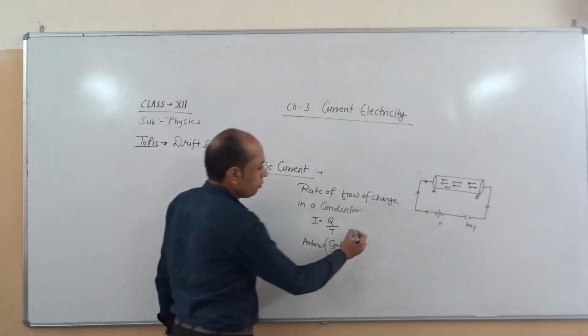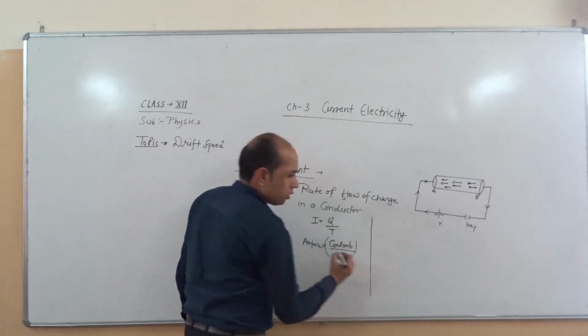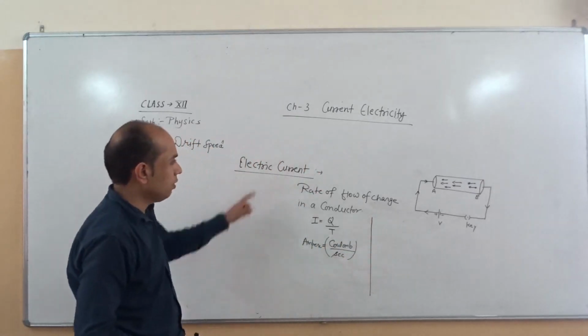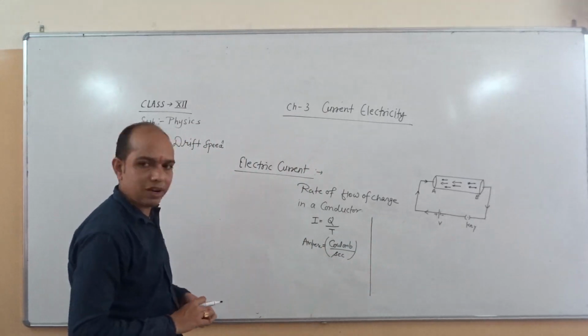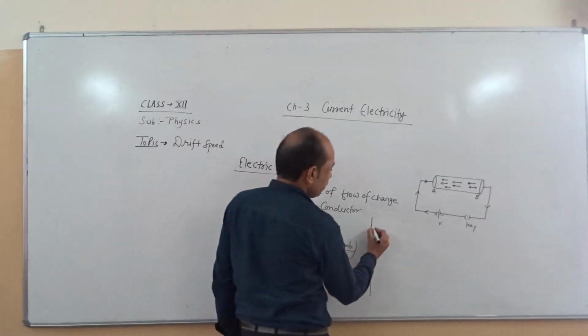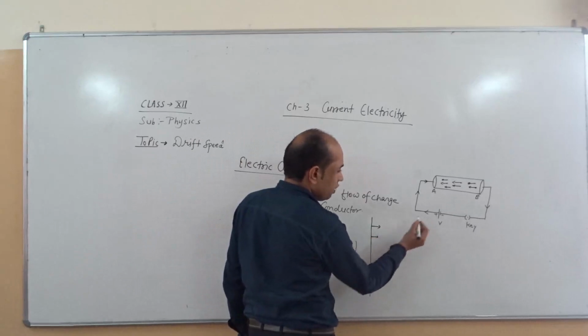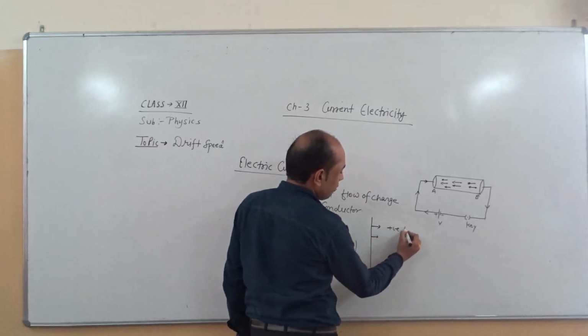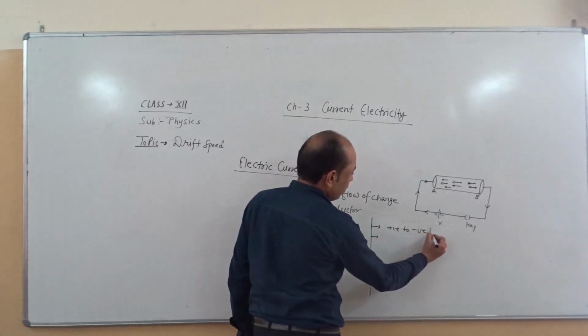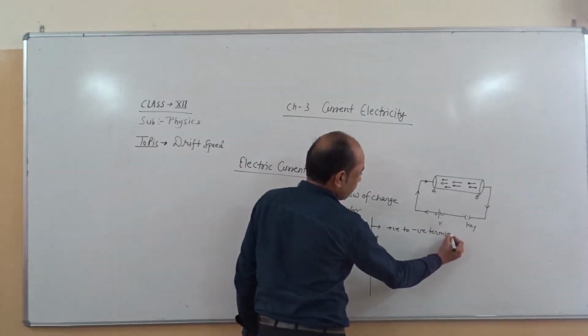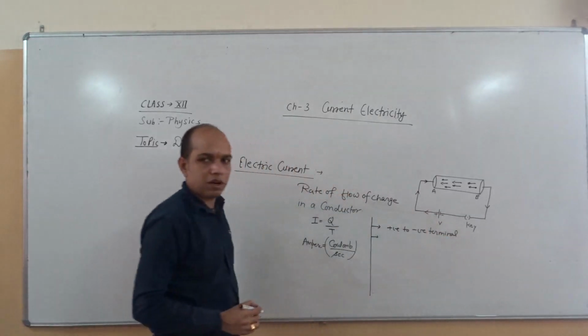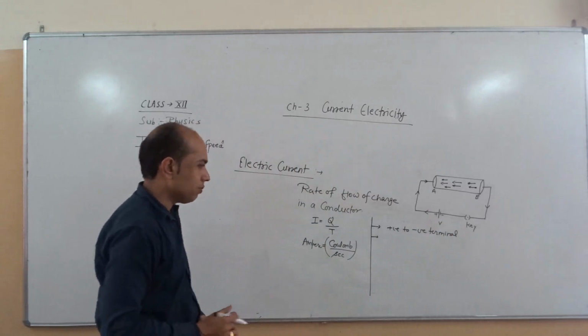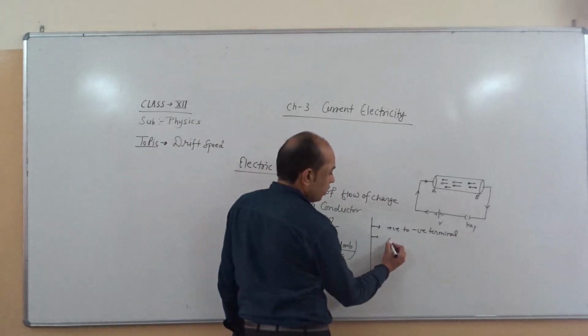And as we know from chapter first, electrostatics, there are some characteristics of electric current. Number 1, it always flows from positive terminal to negative terminal, that is just opposite to the flow of electron. Second thing, charge is quantized.